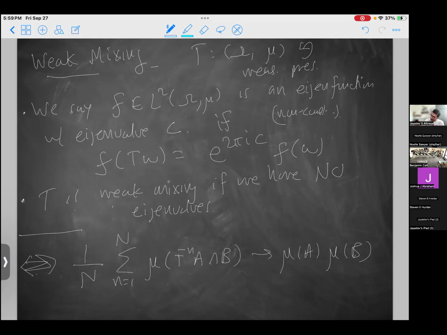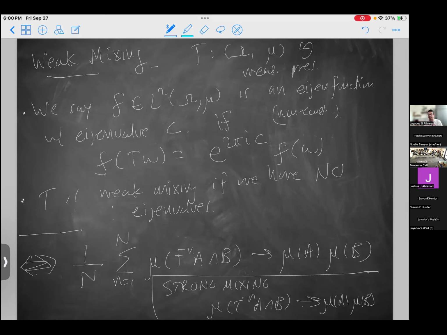There's also something called strong mixing, which says mu of T to the minus n A intersect B converges to mu of A times mu of B for any two nice sets. This says the two sets become independent in the long run, while this is a Cesaro version. But the cool thing is you can read this off using these eigenfunctions.